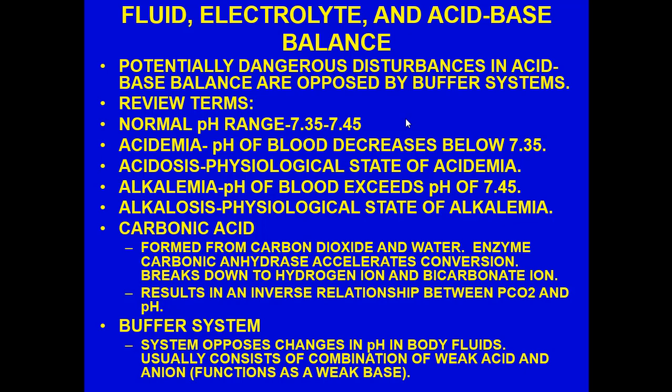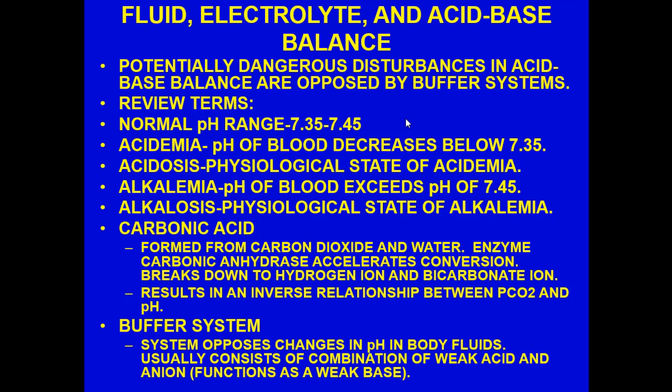Now, there is a key enzyme. Yes, you need to know this, okay? Carbonic anhydrase. What it will do is accelerate the conversion from CO2 and water to carbonic acid. But carbonic acid is really unstable. It breaks down basically to hydrogen ions and bicarbonate ions.